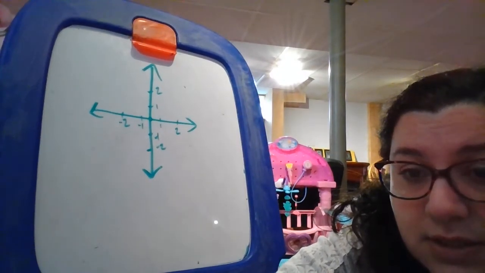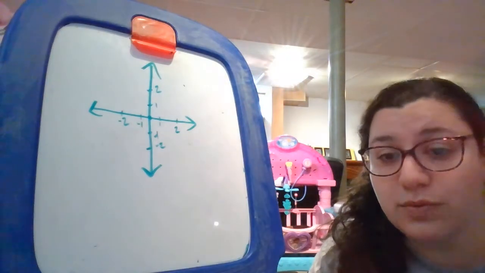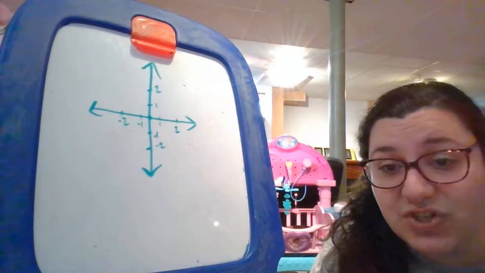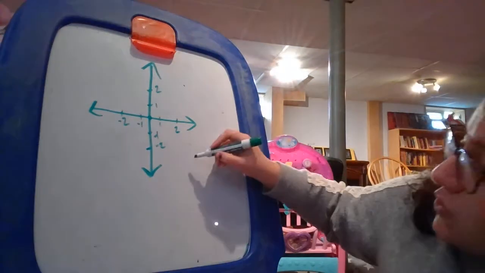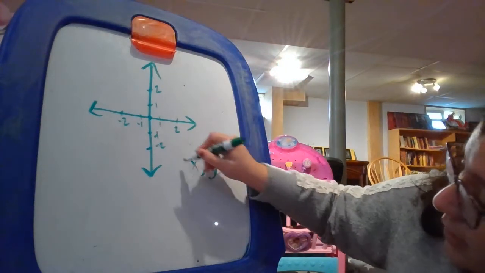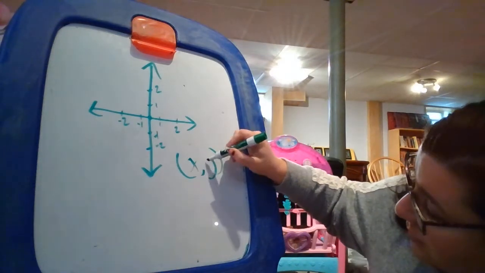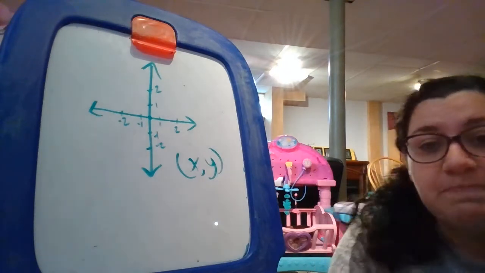What coordinate would that be? Would that be -5, 2? Would that be 2, -5? Would that be -5, -2? Or would that be -2, -5? Remember, it is always x and then y. Always x first, then y, okay?